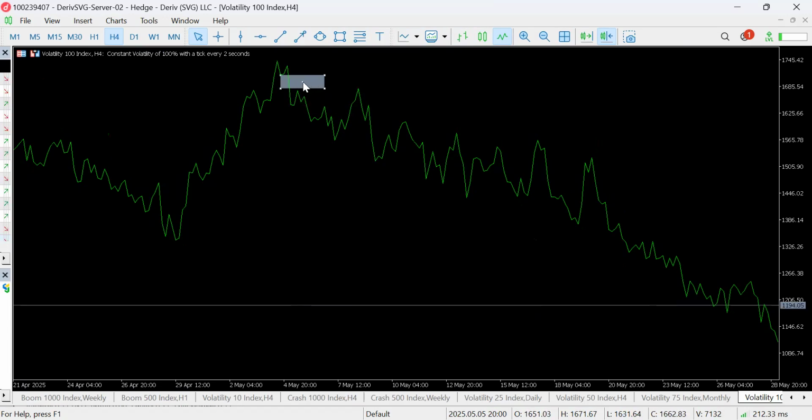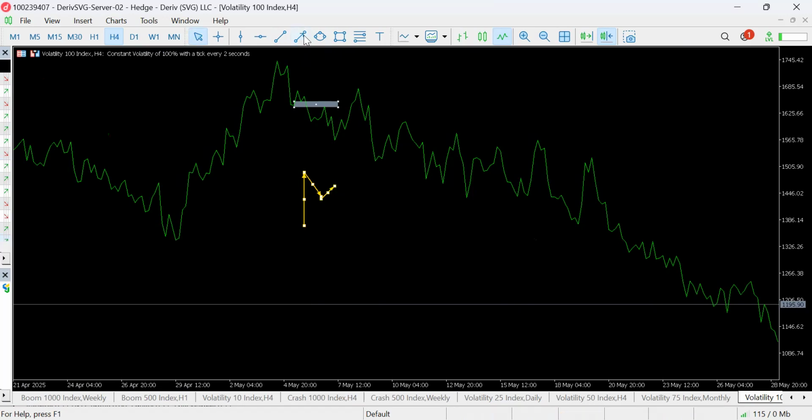Another one would be the very next pattern, which is this. We can see that this is another variation of the M pattern where the initial top is higher than the second top. They are so similar.